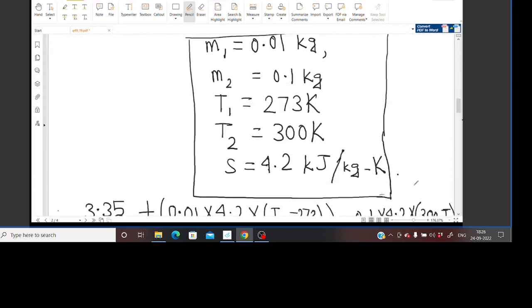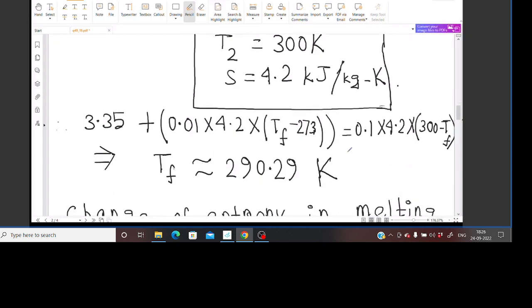Here m1 is equal to 0.01 kg, m2 is equal to 0.1 kg, T1 is equal to 273 Kelvin, T2 is equal to 300 Kelvin, and the specific heat s is equal to 4.2 kilojoule per kg into Kelvin.